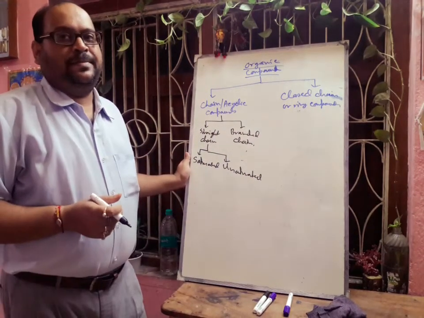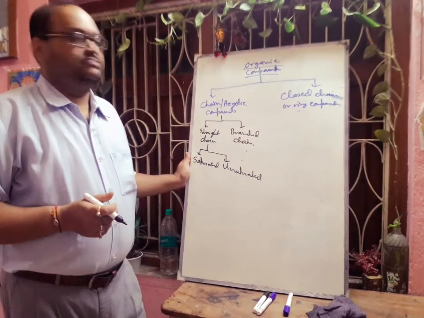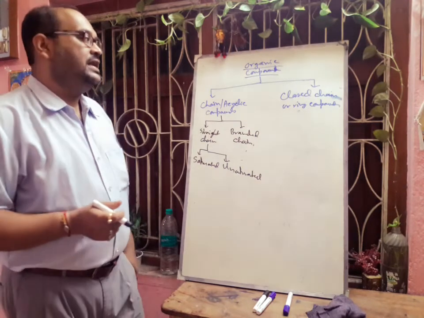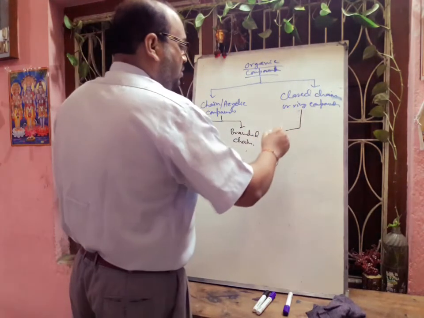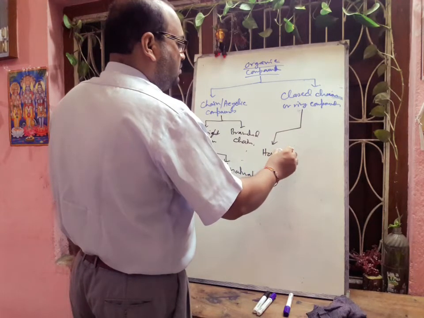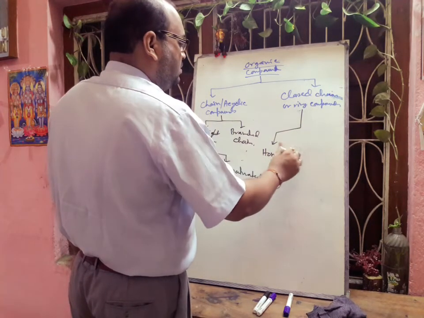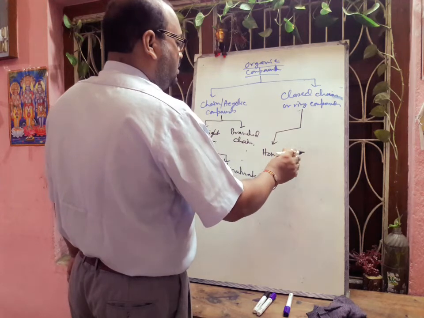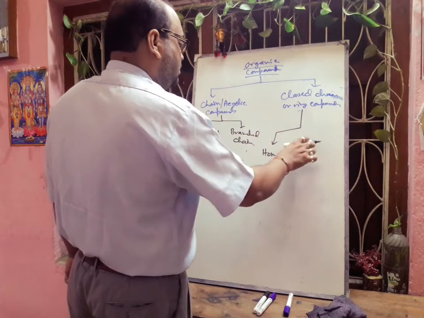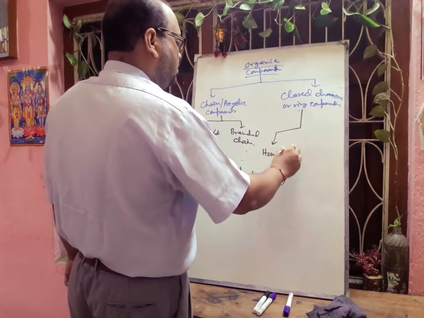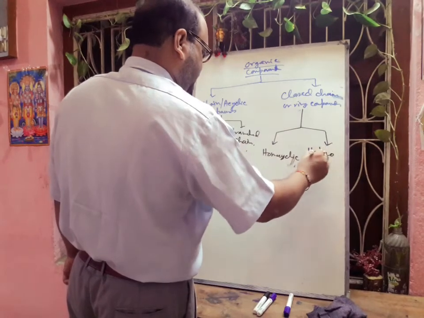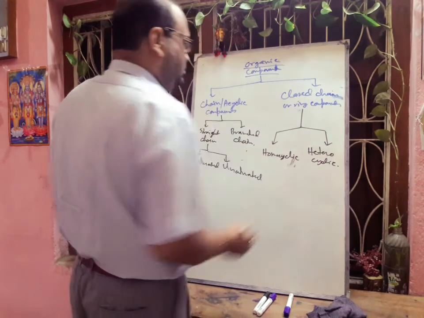Next we will discuss that cyclic or ring compounds can be divided into two categories. One is homocyclic, another is heterocyclic.